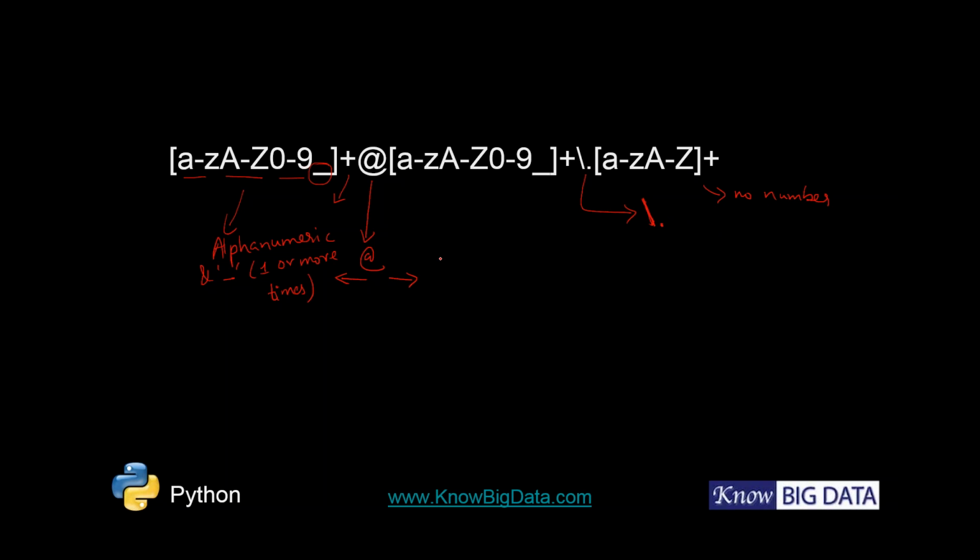My email validator is going to validate any such email which has alphanumeric and underscore before the at the rate, followed by again alphanumeric one or more times, but then a dot is mandatory. The dot is mandatory, like a hard-coded match. And following the dot, I cannot have any number. I'm allowed only alphabets.